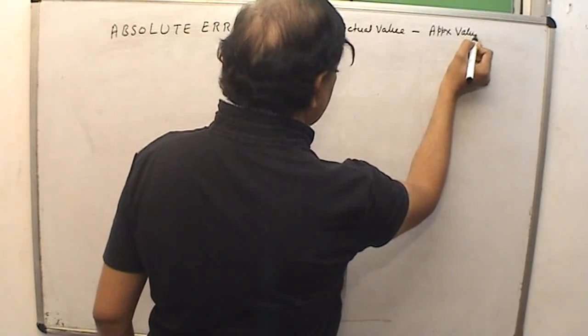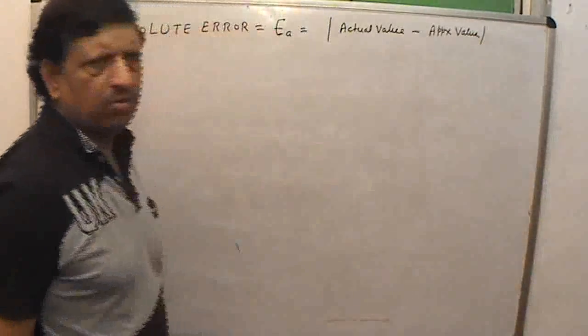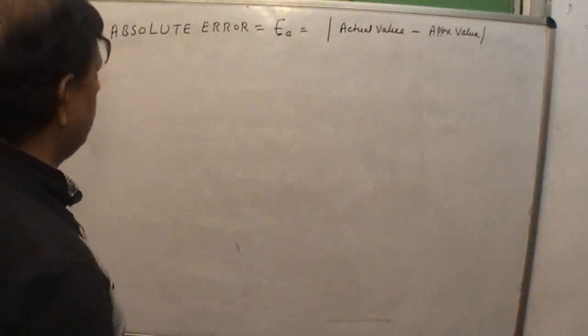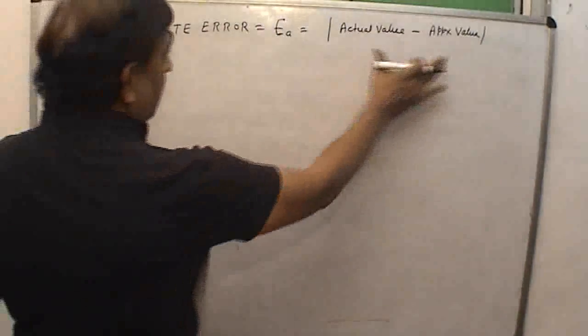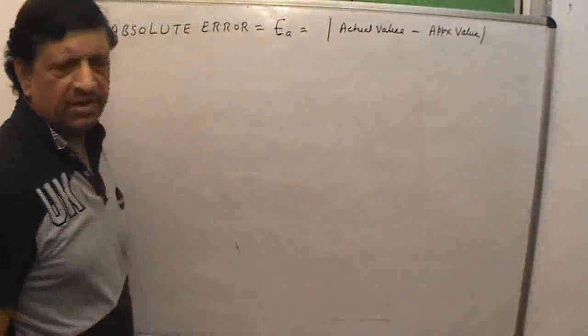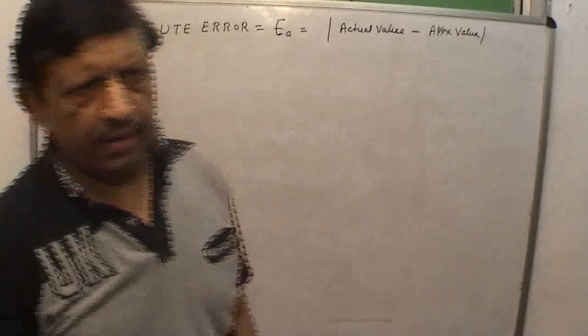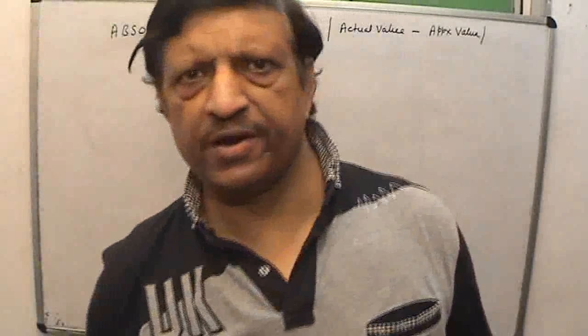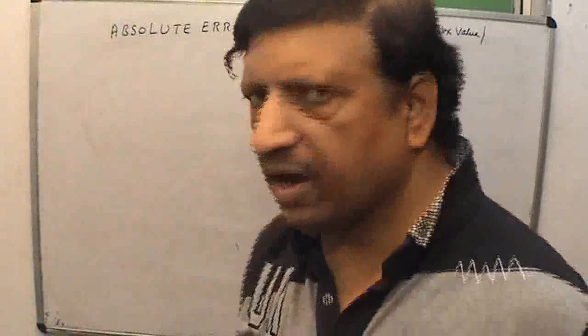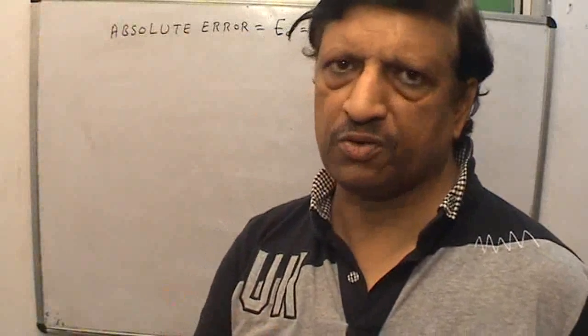How will we get the approx value? By round off or by chop off. And magnitude means it is positive. Why? The errors created in our arithmetic always affect our calculation positively.